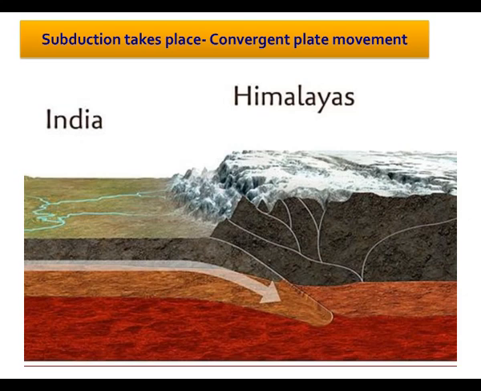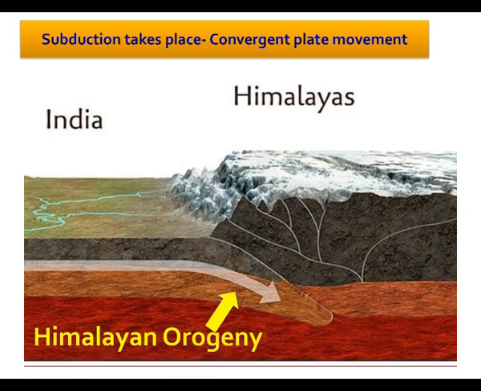The convergent plate movement, in fact the overriding of the Indian plate with the Eurasian plate, uplifted the Eurasian plate to raise up the high altitudinal Himalayas. So the orogeny is like a subduction orogeny.